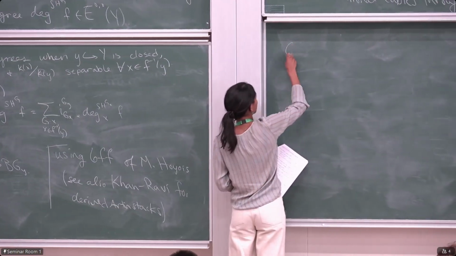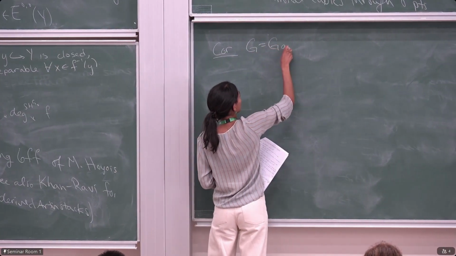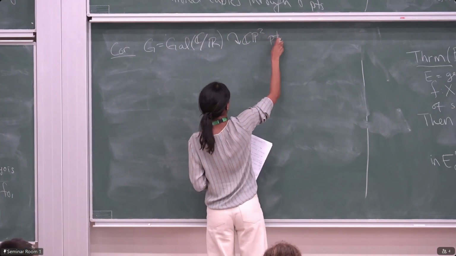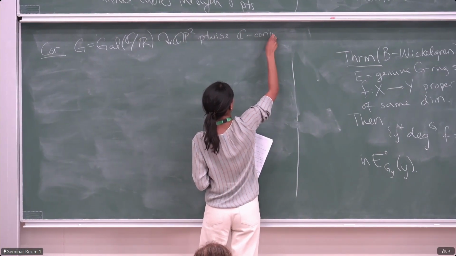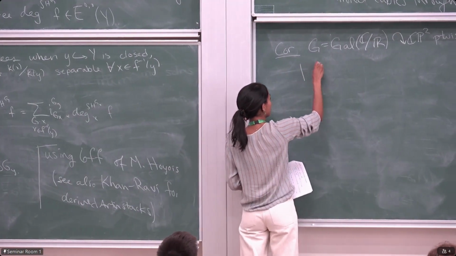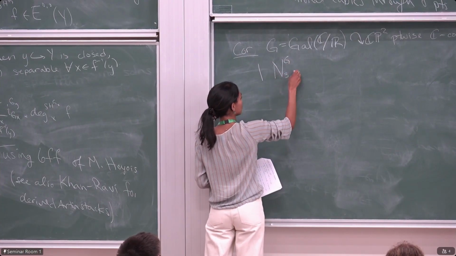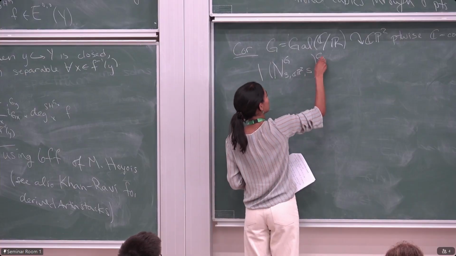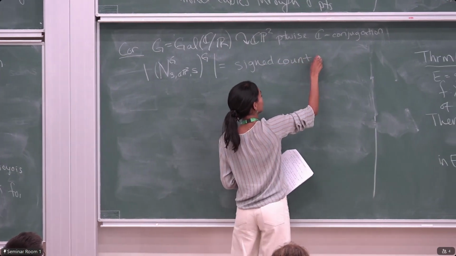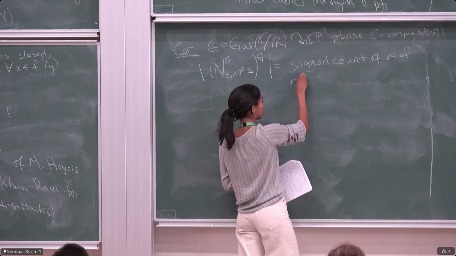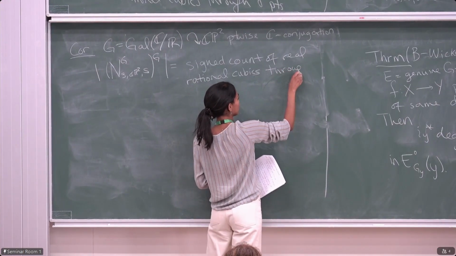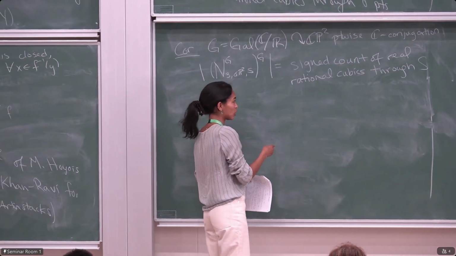So here's a corollary. When G is the Galois group of C over R, acting by pointwise complex conjugation, the cardinality of the fixed points of this element of the Burnside ring is equal to the signed count of real rational cubics through S. This is called a Welschinger invariant.